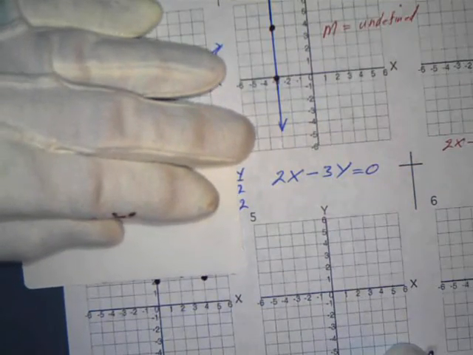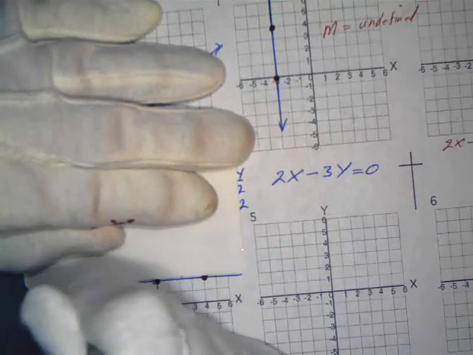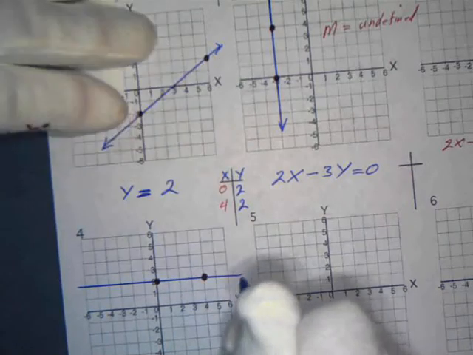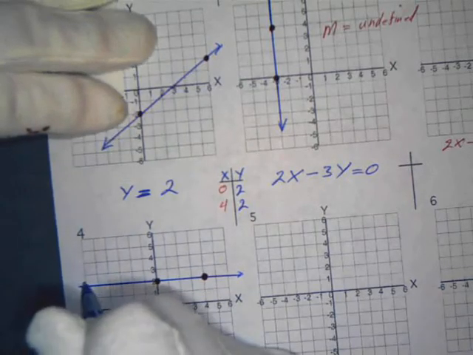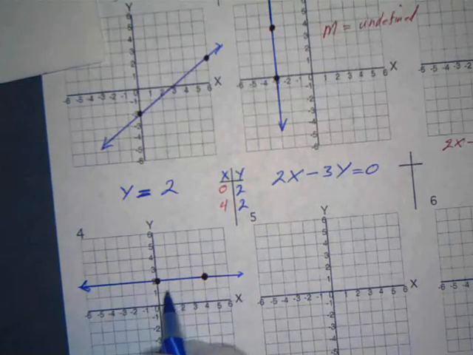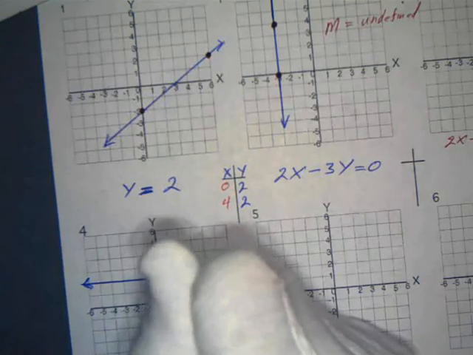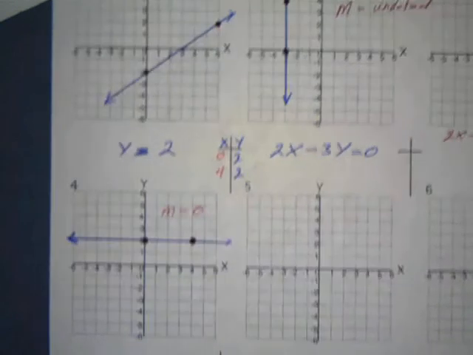It's a horizontal line. And what's the slope? Well, there is no rise, it's all run, so the slope is 0. So we would say m is equal to 0 for the horizontal line. Our slope is 0. Okay?